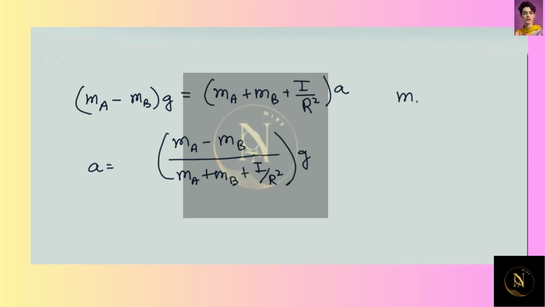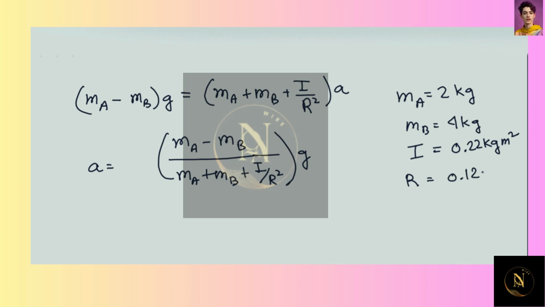Now we are given MA as 2 kg, MB as 4 kg, I as 0.22 kg meter squared, and R as 0.12 meter.